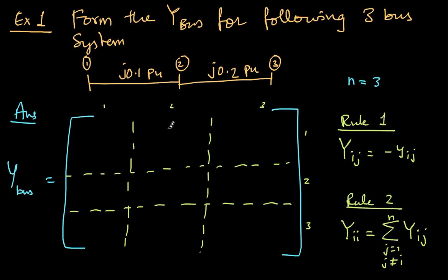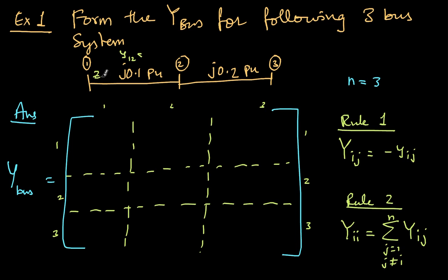What is Y21? Sorry, Y12. First row, second column. The information given to you is impedance. How do you know it is impedance? Because the j is positive, you can tell that this is impedance. So convert into admittance. What is y12?